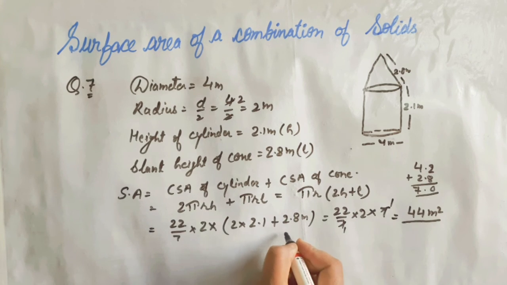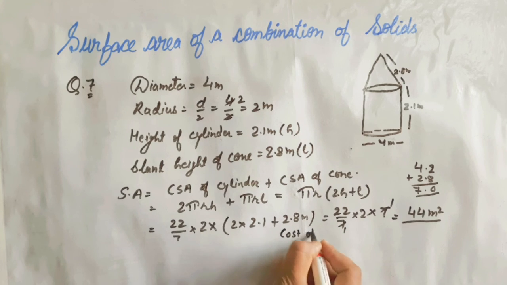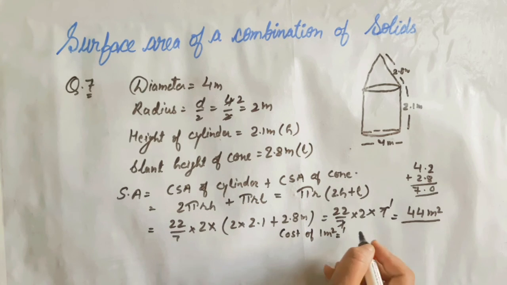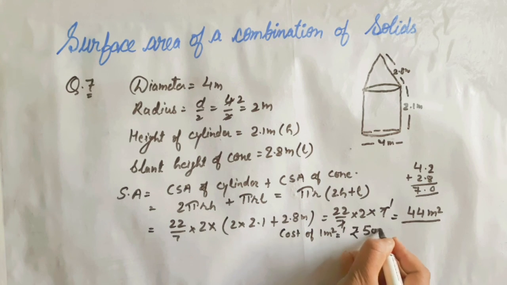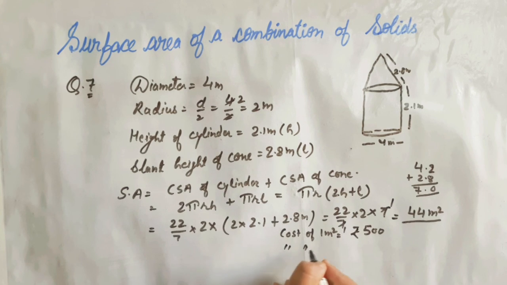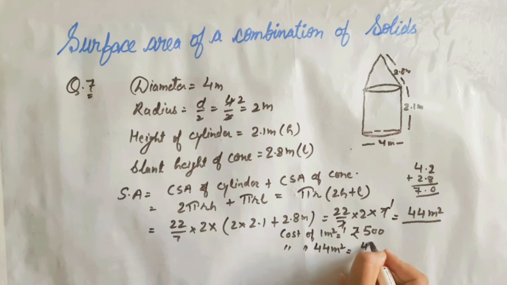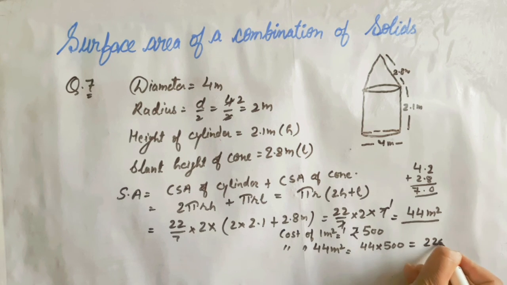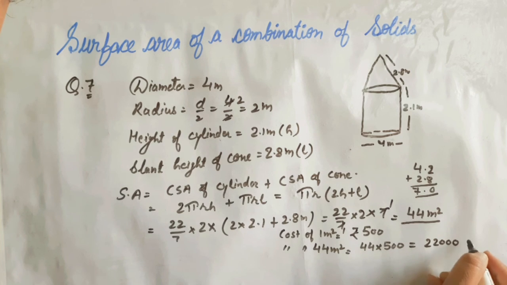If cost of 1 meter square is given equals to rupees 500. So cost of 44 meter square will be equals to 44 multiplied by 500, which is equals to 22,000 rupees is your required answer.